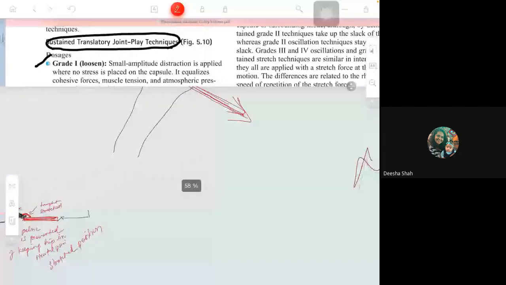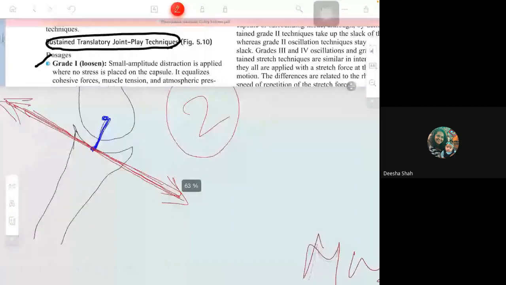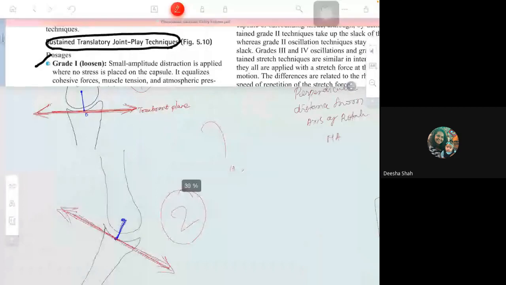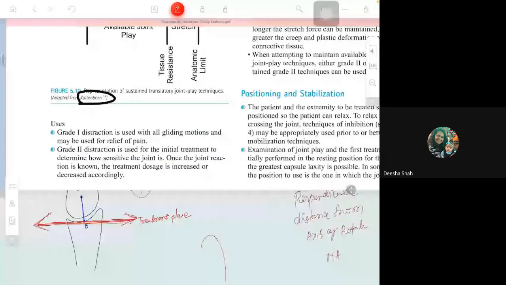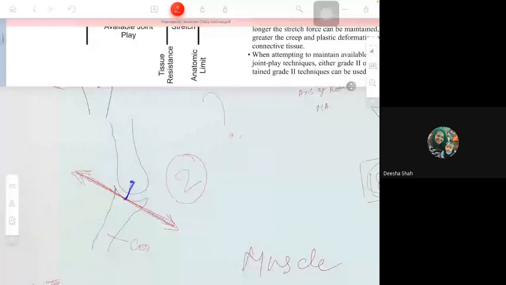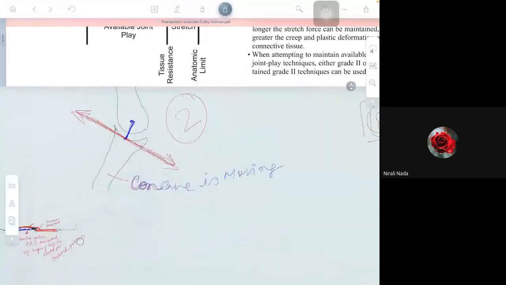Second example. Oh, you don't know the basic concept. Okay. So here, is this a concave bone or a convex bone? Can you hear me? Concave. Concave bone. When the concave bone is moving, what will happen?